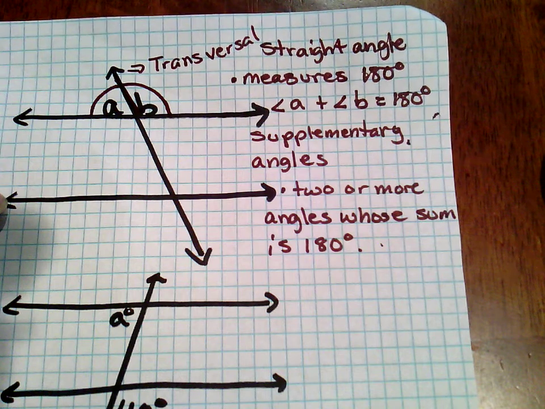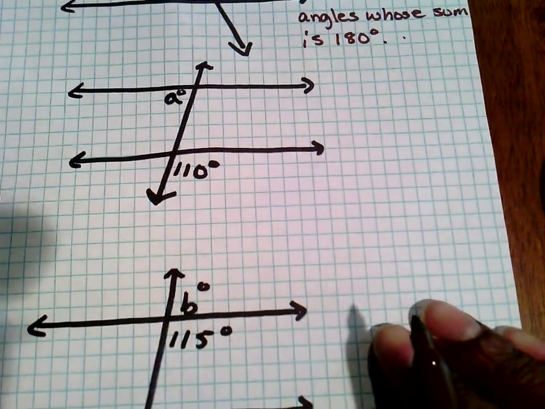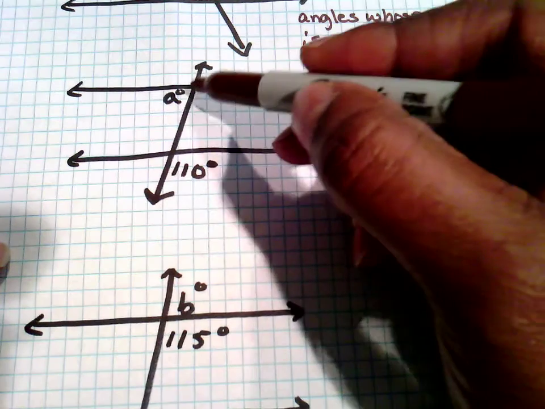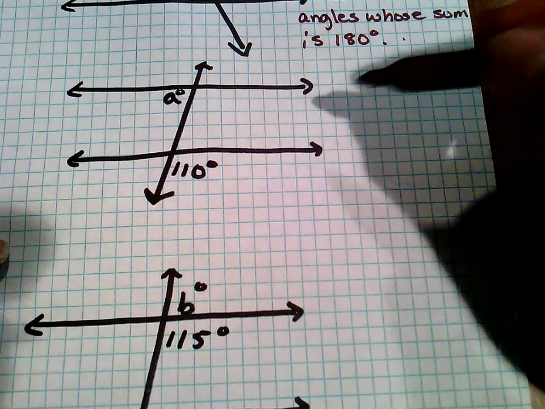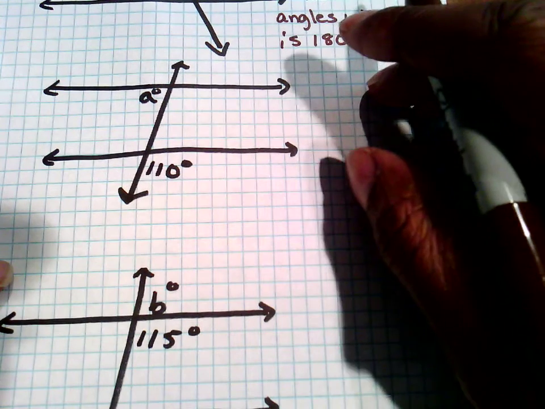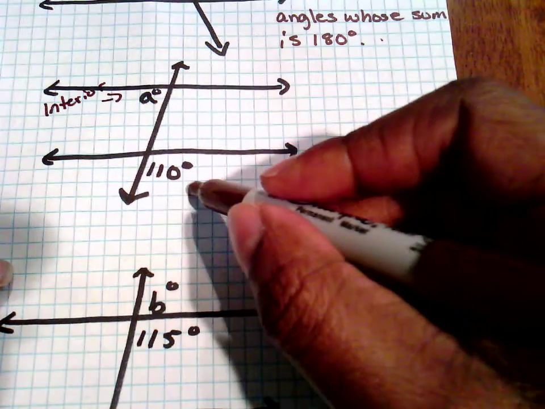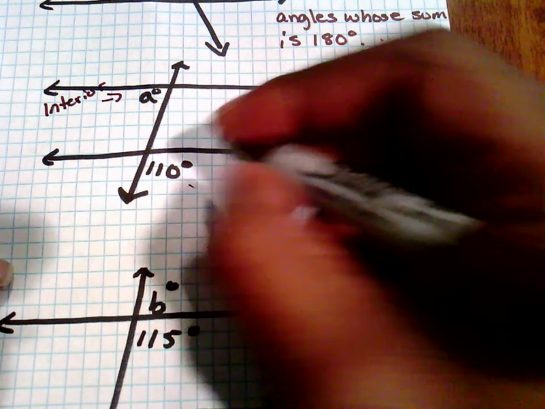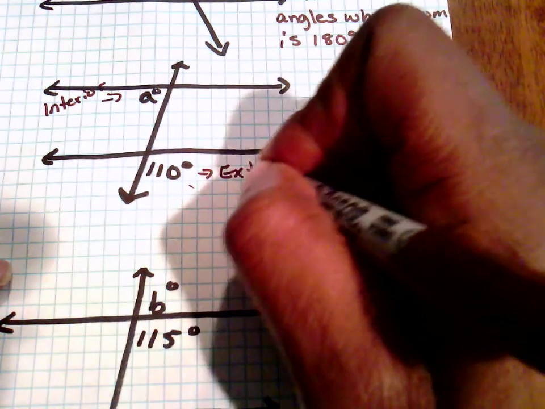All right, let's take a look at a couple problems where this may happen. Here, you have the 80 degree angle, and then we have the 110 degree angle. Remember, when we solve problems involving transversals, we first need to determine what type of relationship this is. First, the 80 degree angle is an interior angle, and the 110 degree angle is an exterior angle.